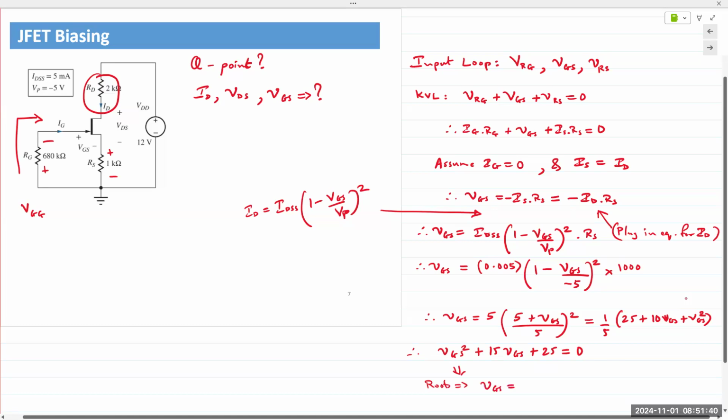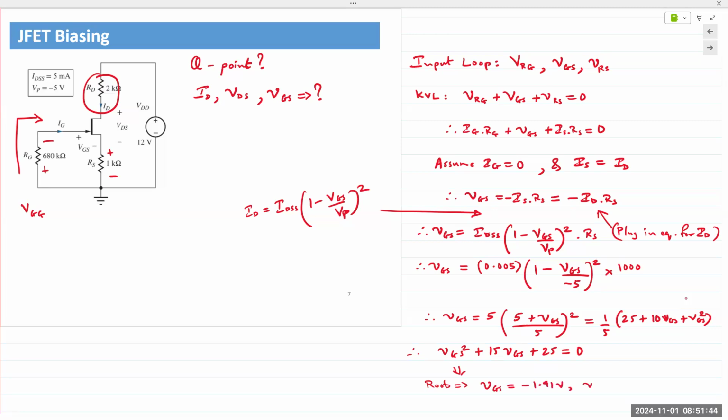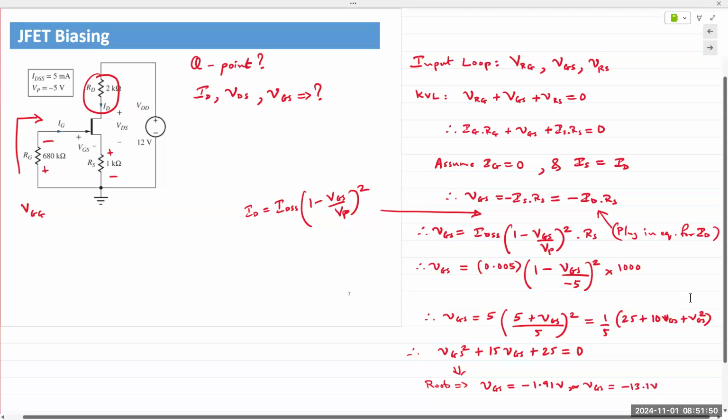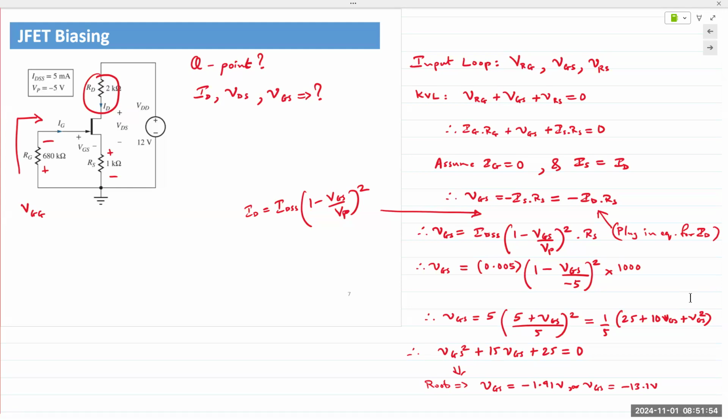VGS is equal to minus 1.9 volts, or VGS is equal to minus 13.1 volts. Okay, minus 13.1.